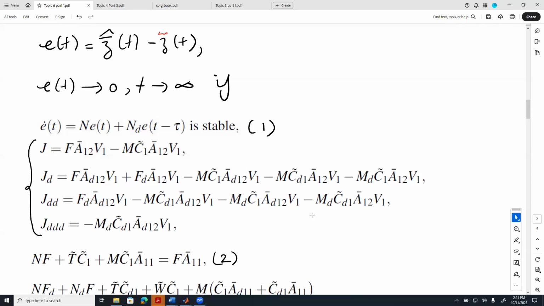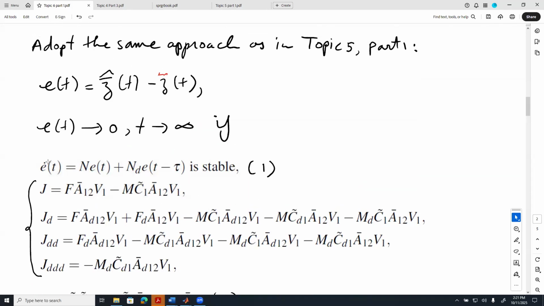And the key thing that we would like to present in here is that we can ensure the error goes to 0 if this error time delay system is stable. That's what we call equation 1.